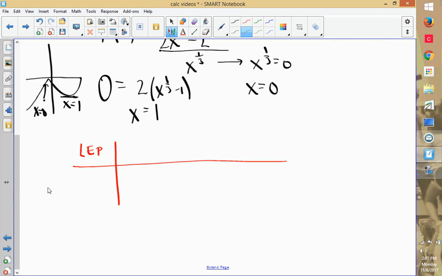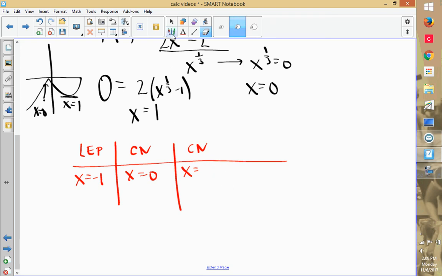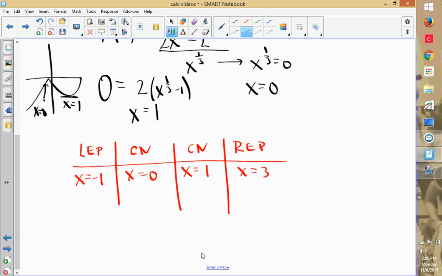I have a left endpoint at x equals -1. I have a critical number at x equals 0. And I have a second critical number at x equals 1. Sorry, not -1, +1. And I have a right endpoint at x equals 3.